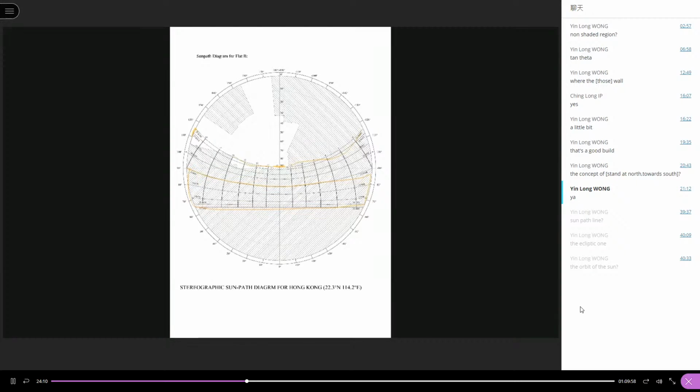Okay, so that's the essence of this exercise, to examine the difference in sunlight availability between two windows, north and south.